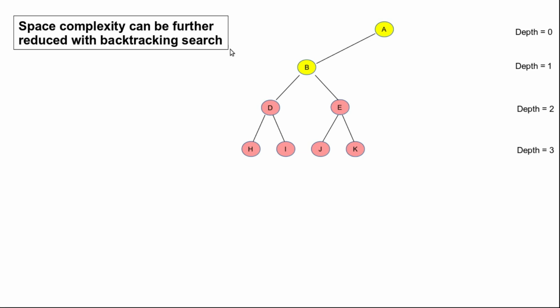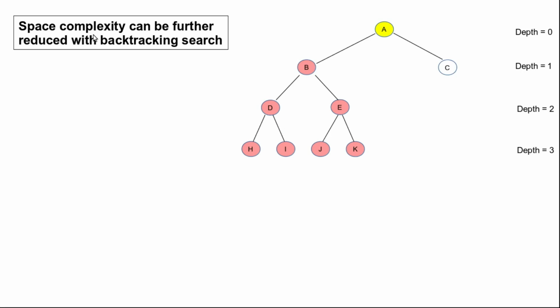And we backtrack to B and check whether B has any unexplored successors. B doesn't, which means exploration of B is also complete. Now we backtrack to A and check whether A has any unexplored node. And yes, A has an unexplored node, C, and in this way we will proceed the search.